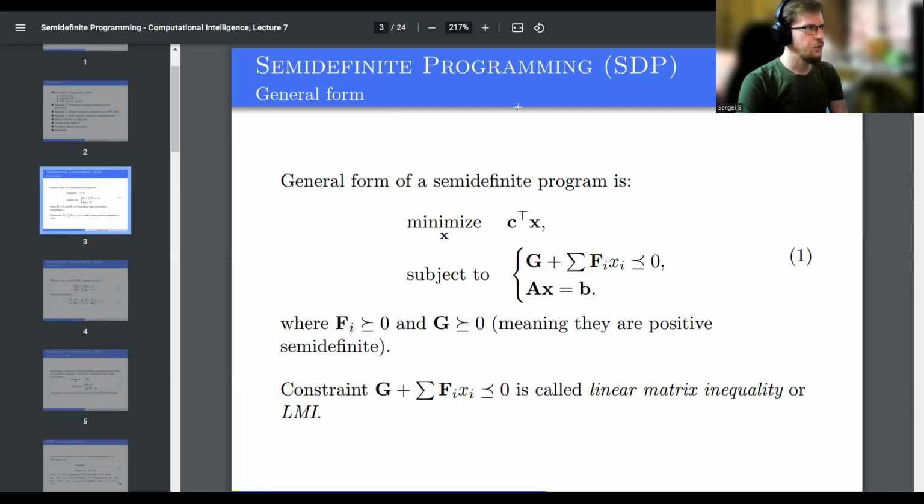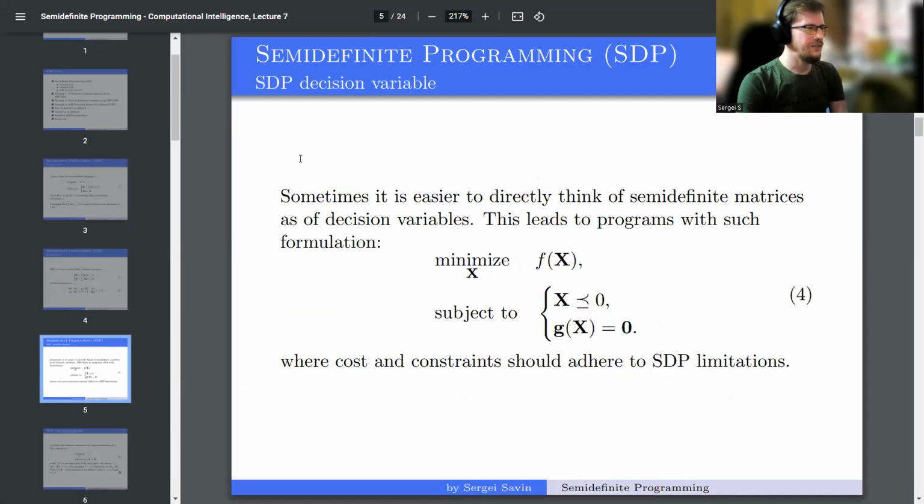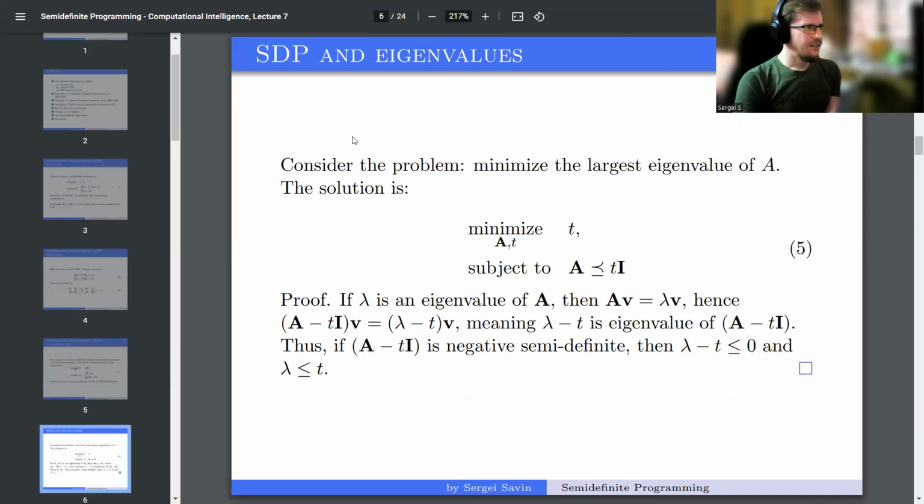Before we do that, let us see what kind of problems we can solve. All right. So let us consider the following problem. We want to minimize the largest eigenvalue of matrix A. What do you mean, minimize the largest eigenvalue? That is a little bit bizarre.